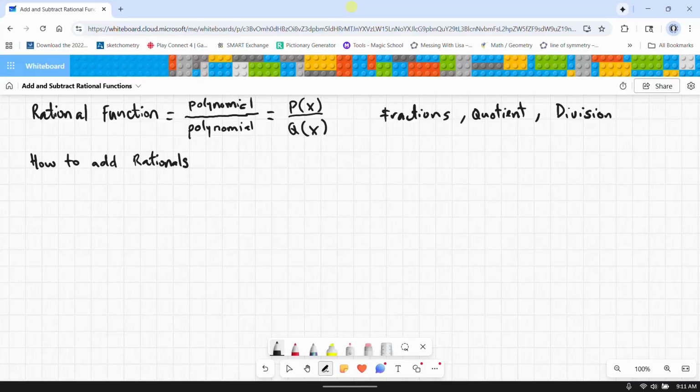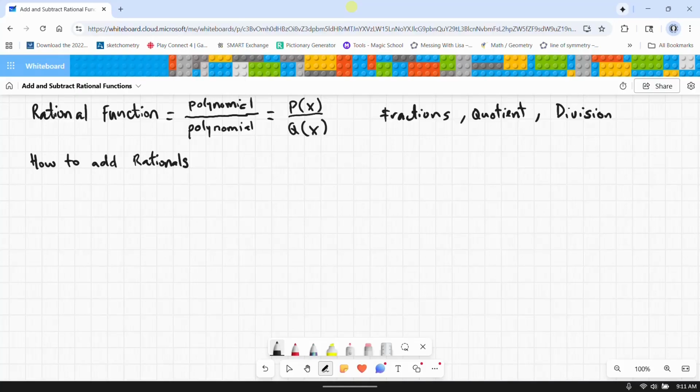With fractions, we're talking about just numbers, like 3/4, 1/2. So we are using the same adding and subtracting concept from fractions in the rational.